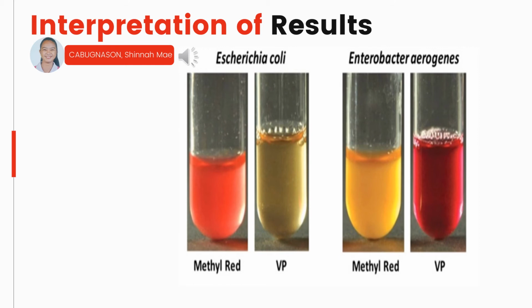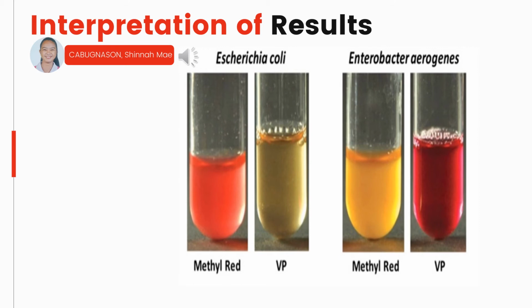It only means that E. aerogenes has the ability to convert glucose into neutral end products, and it is also called a butanediol fermenter because it forms butanediol, acetoin, and fewer organic acids. So the pH of the medium does not fall as low as during mixed acid fermentation.